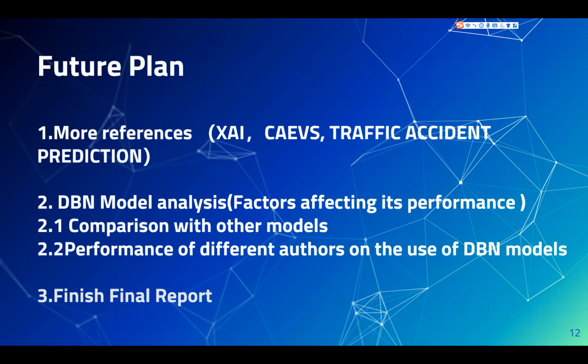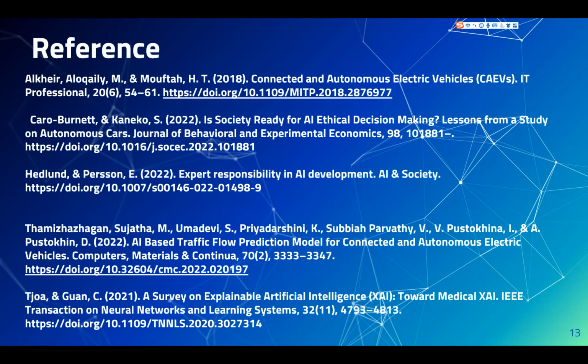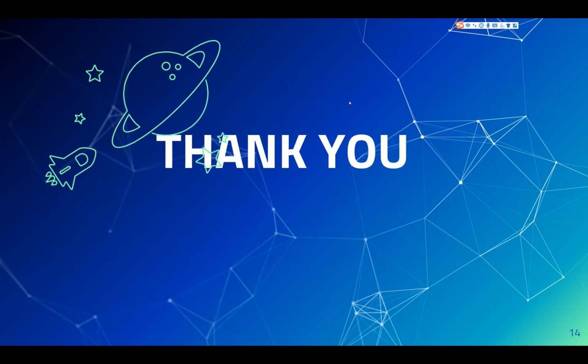As I mentioned earlier, I will also examine the advantages of the DBN data model in traffic accident prediction, looking for relevant papers and comparing the views of different authors. Also, I will look for factors that affect its performance. Finally, I plan to complete my final report in early October. This is the reference list. Thank you.